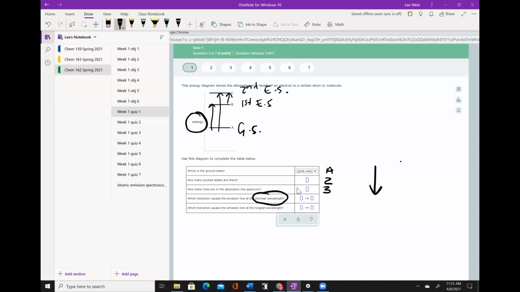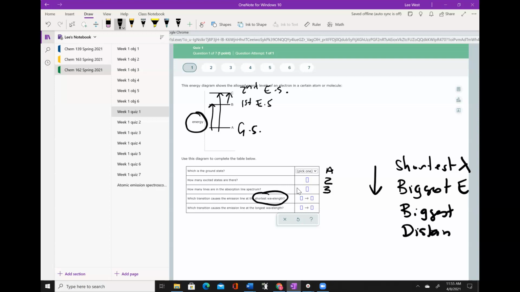And then shortest wavelength means biggest energy, which means biggest distance. So heading down, what is the biggest distance I can travel? It's got to be C all the way down to A. So this one is going to be C to A.